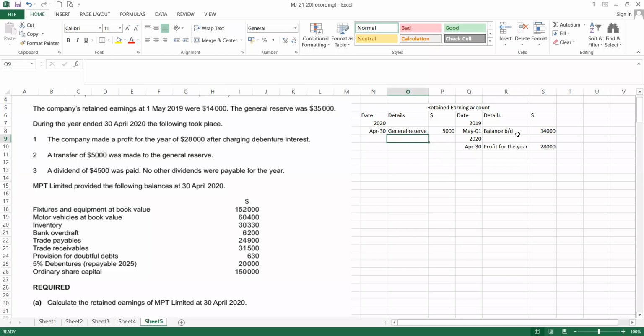Dividend paid, 4,500. Is there anything else in the question? No more, so we can start to calculate the balance carried down.